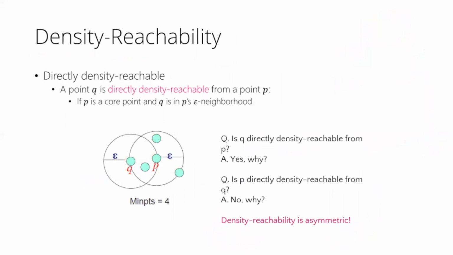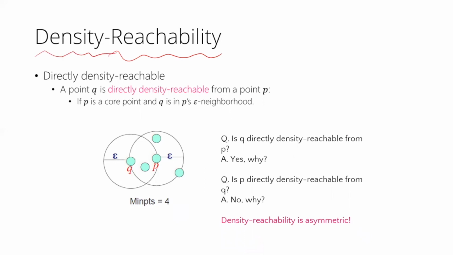Now, since we have to define an algorithm, we have to be more specific than what I just described. We cannot define an algorithm with a hand-waving explanation. So here are some additional concepts that we introduce to define DBSCAN. Here's the concept of reachability, more specifically density reachability.